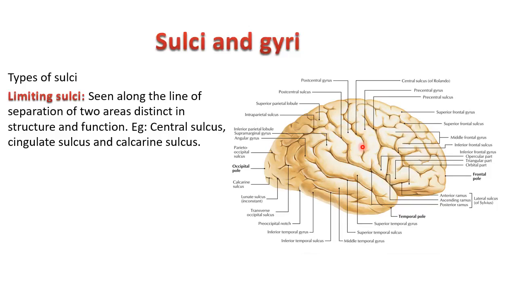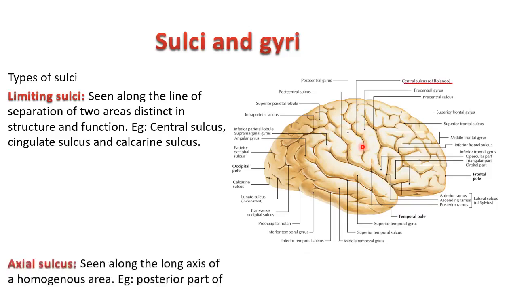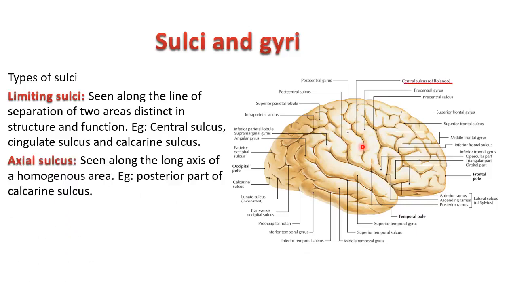Then you have something called the axial sulcus. What the axial sulcus is: it is a homogeneous area, but the sulcus longitudinally divides the area. The example of that is the calcarine sulcus, especially the posterior part of the calcarine sulcus.